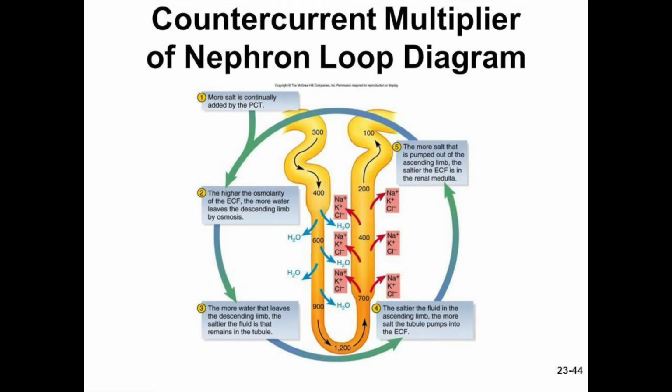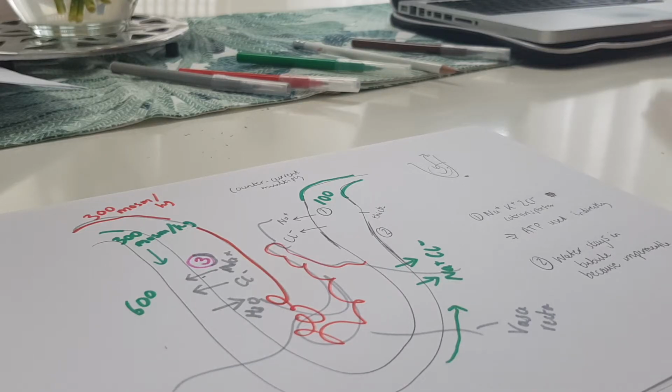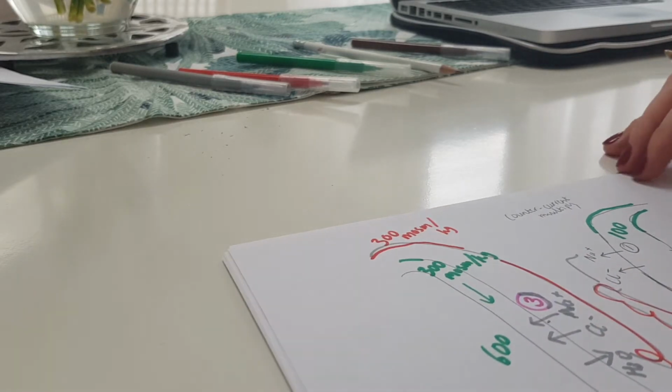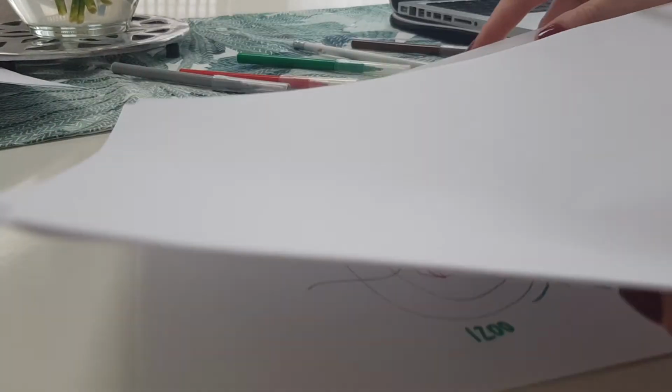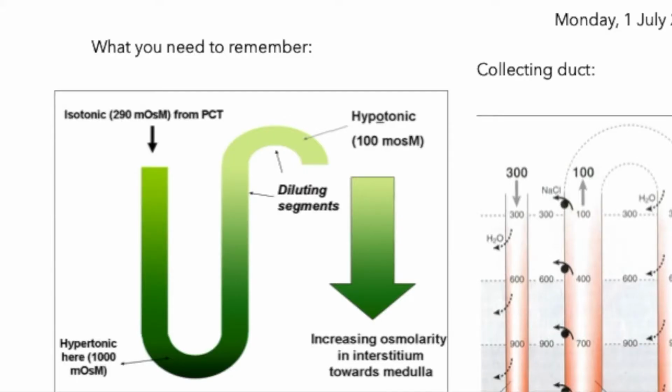Okay, cool. But if none of that was clear, and like me, you're stressed for the exam, you just need to memorise something really straightforward, then here is what you need to know. Starts off isotonic. Isotonic means that the concentration of the loop of Henle is the same as what's in the plasma, which is in the blood capillary. So it's about 300 or 290 for the loop of Henle, and about 300 or 290 for the blood plasma.